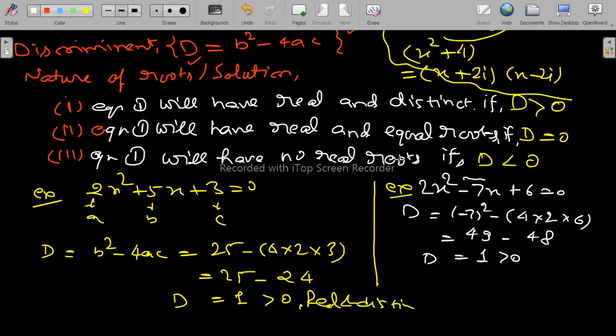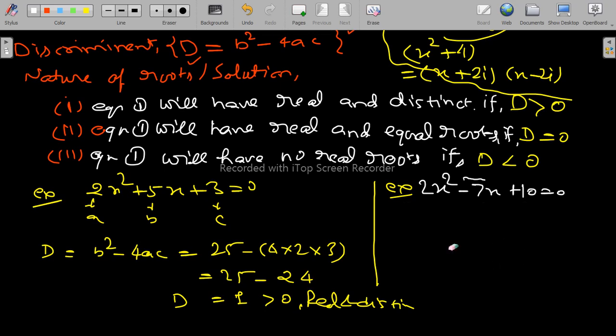Let's make one change in this equation and see what will happen. Simply, I am changing this constant term. If I replace this constant term by, suppose, 10, let's see what the condition is going to be for this equation. Now when we find the discriminant of this quadratic equation, D is b square, b is minus 7 whole square, and then minus 4 into a is 2 and c is 10.